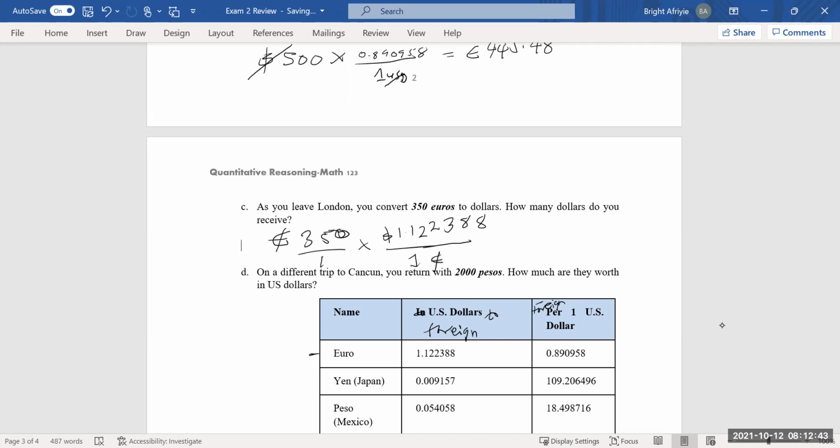Now euro takes care of euros and your earnings will be in dollars. So this time this is going to give you 392.84, and that is how many dollars you bring home.